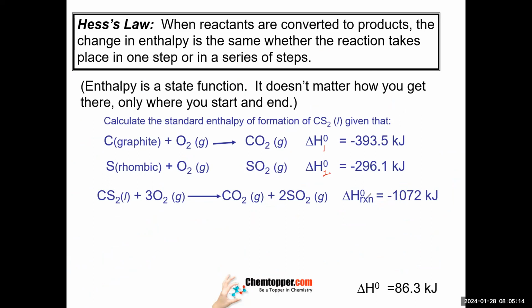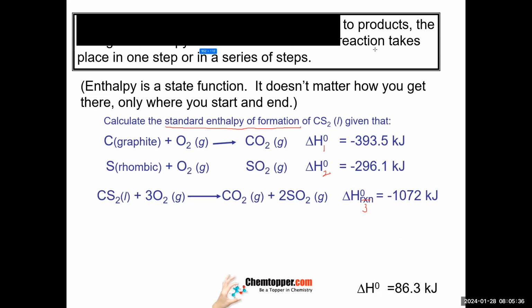And this is reaction 3, delta H naught 3. Three reactions are given. Their enthalpies are given. They are asking, calculate the standard enthalpy of formation of CS2. It means, first, you are going to write down the equation for the formation of CS2 liquid.